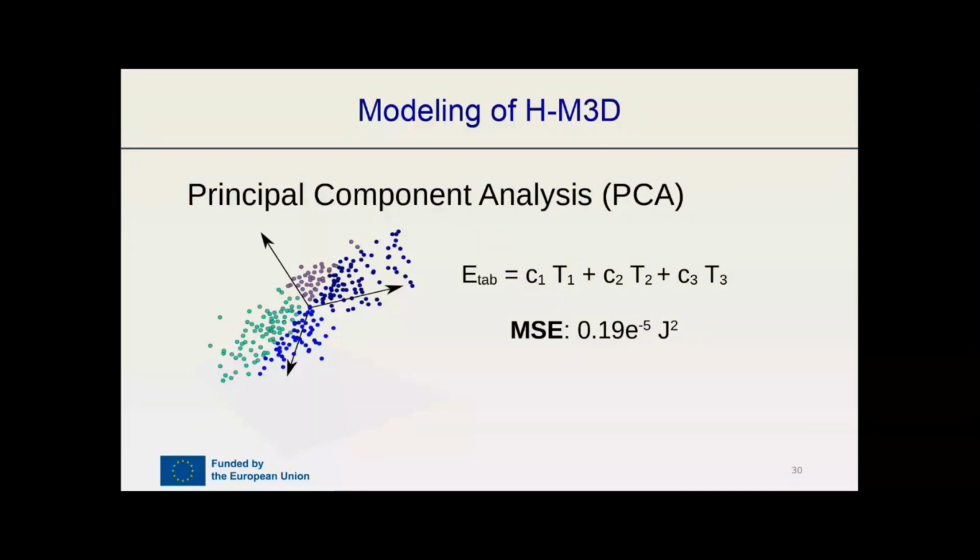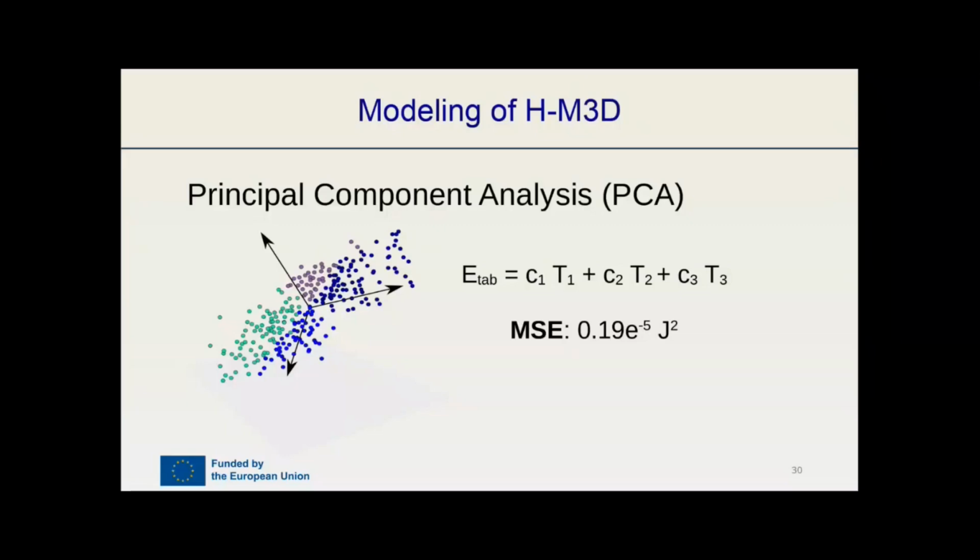So what we did is, in addition to the traditional terms of the ground capacitance and coupling capacitance, we added another term, T3, that was calculated as the PCA of the results.